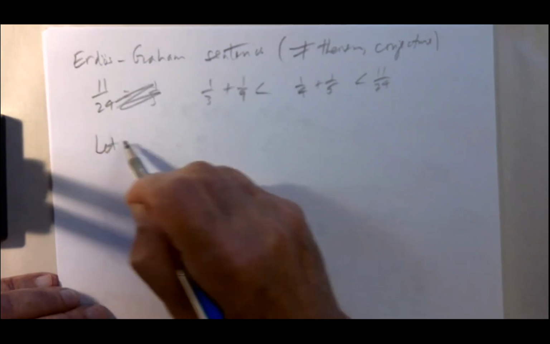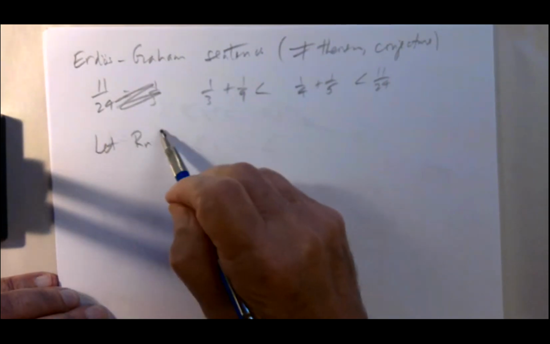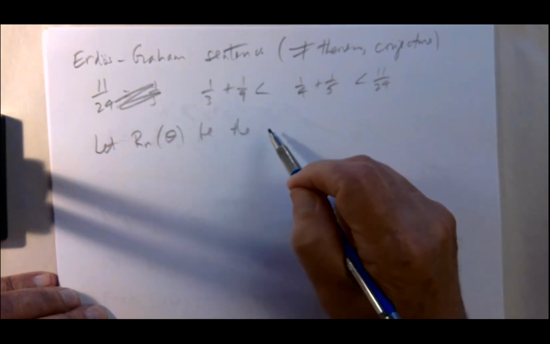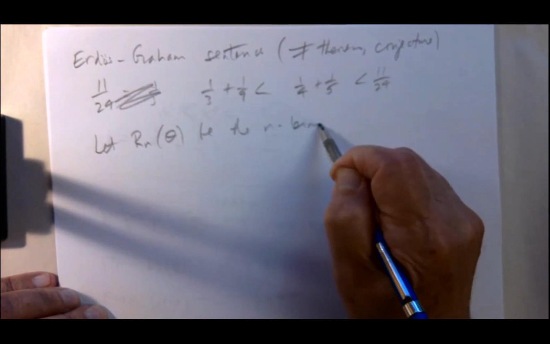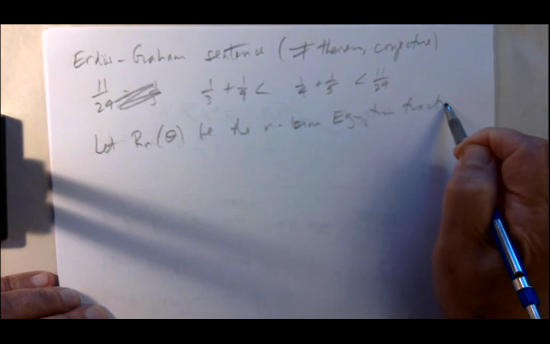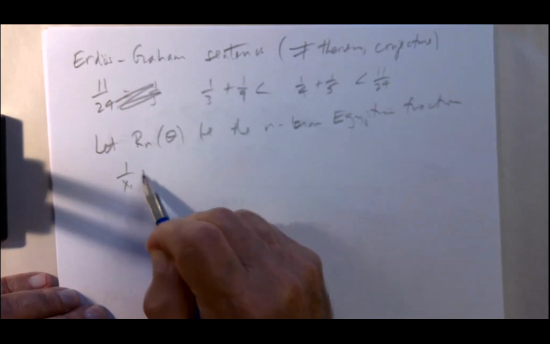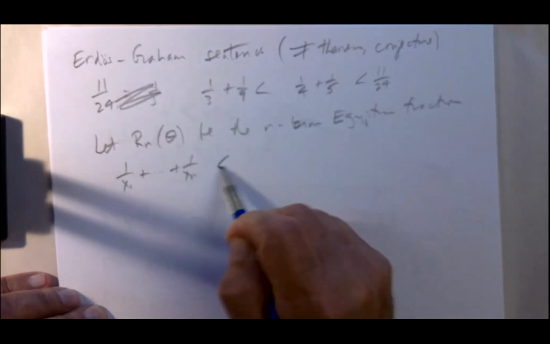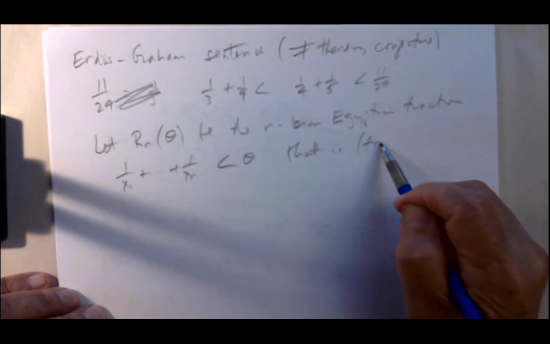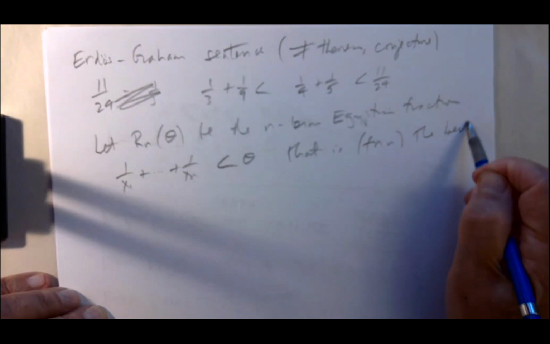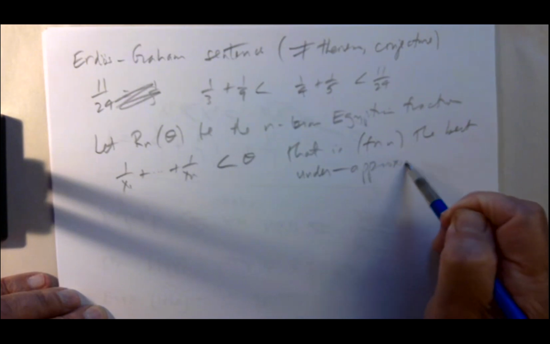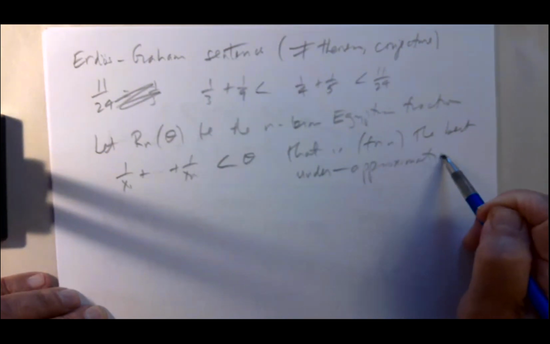But they said, suppose we let Rn of theta be the n-term Egyptian fraction 1 over x1 up to 1 over xn less than theta, that is, for n terms, the best Egyptian fraction under approximation.